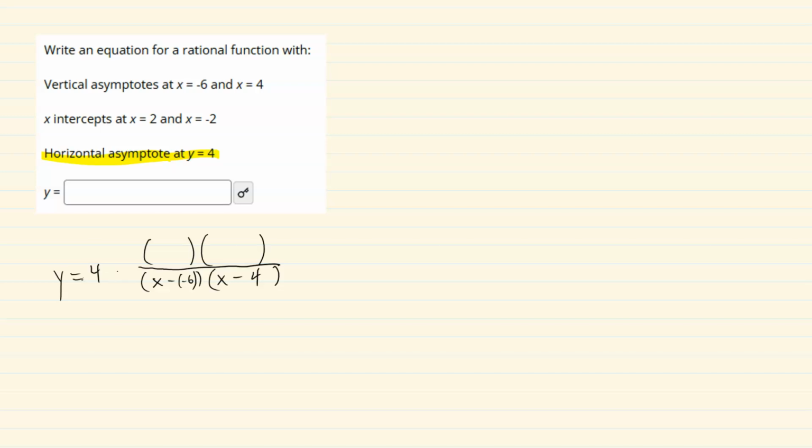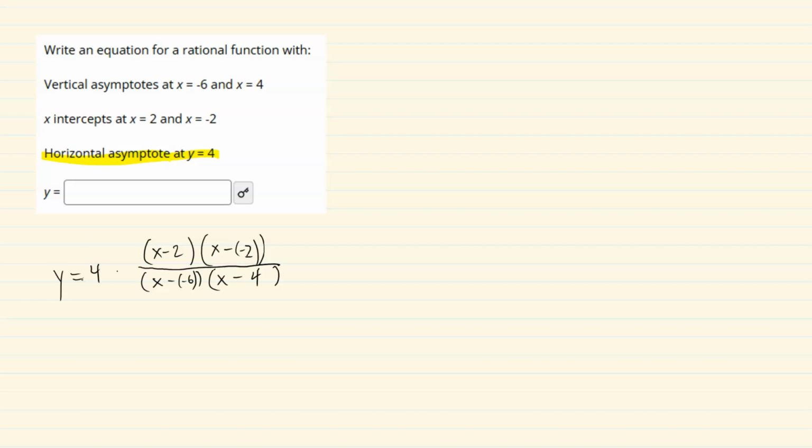And the x-intercept of x equals 2, we can set that as x minus 2. Very similar to how we deal with the vertical asymptotes on the denominator. And the other x-intercept of x equals negative 2, that's x minus a negative 2.